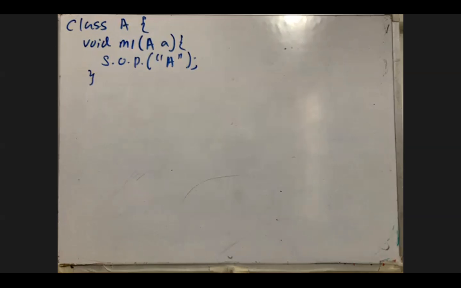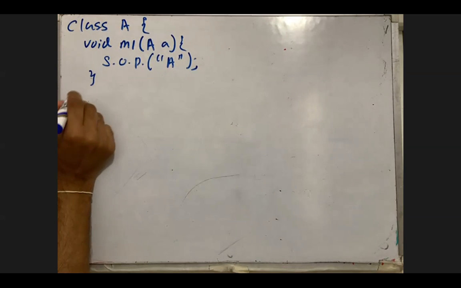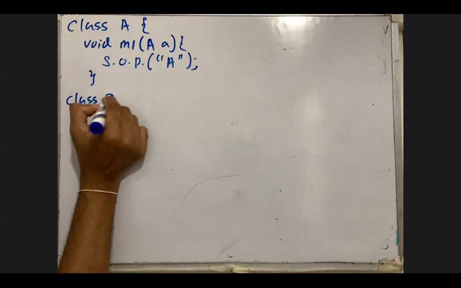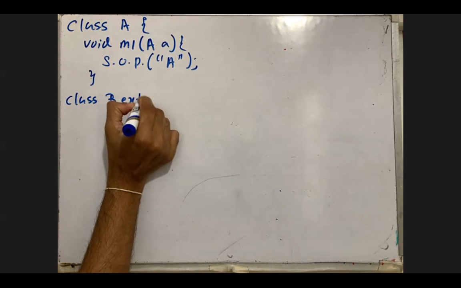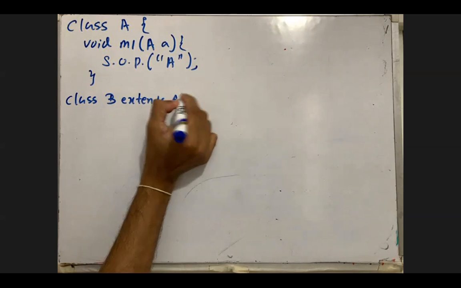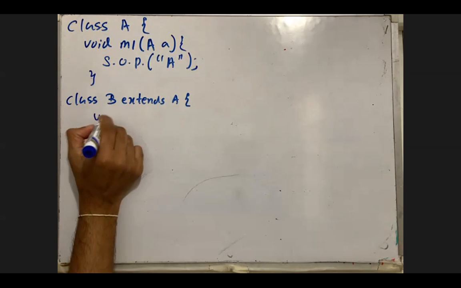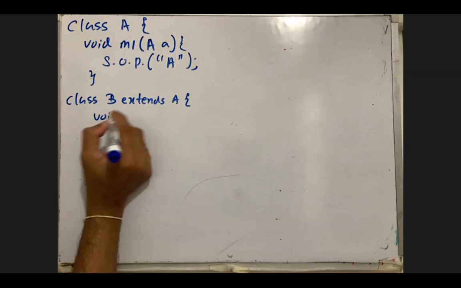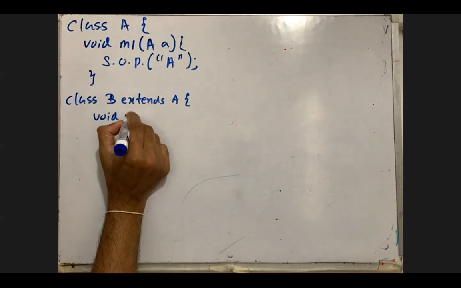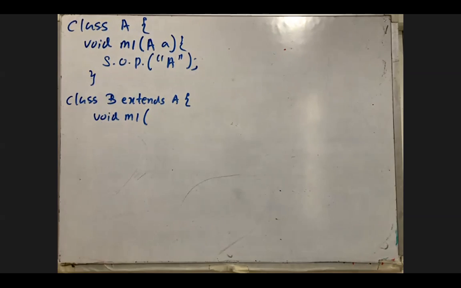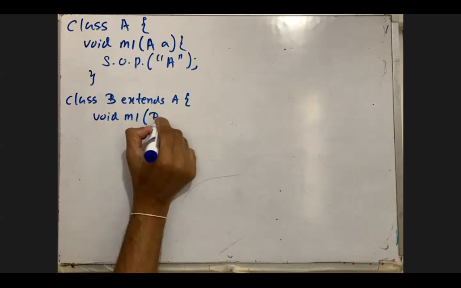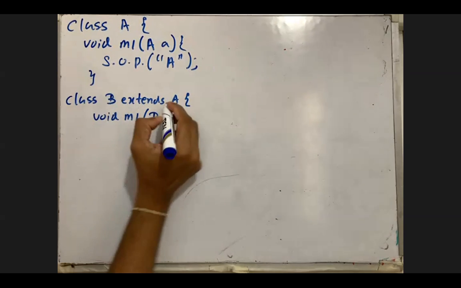After that, class B extends A, void M1, void M1, B. B means from this class.